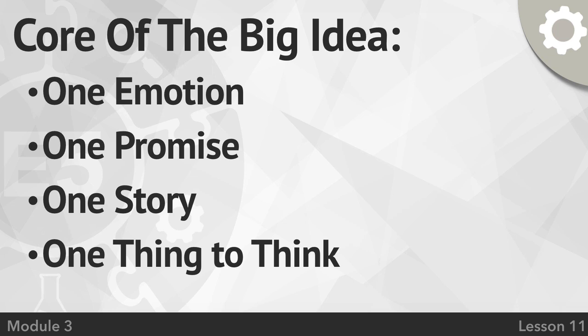Then there is a story. Now, I don't necessarily mean a narrative. I'm not talking in this context about the hero's journey or a specific story. I'm really talking about, in essence, one plot line, one theme. You're not mixing in a variety of different themes. You're not mixing in a variety of different storylines and plot lines.